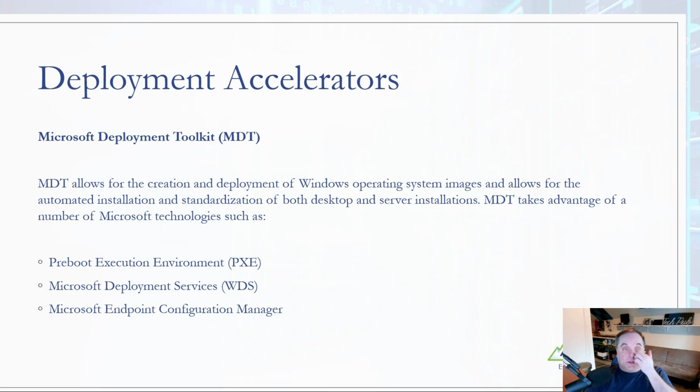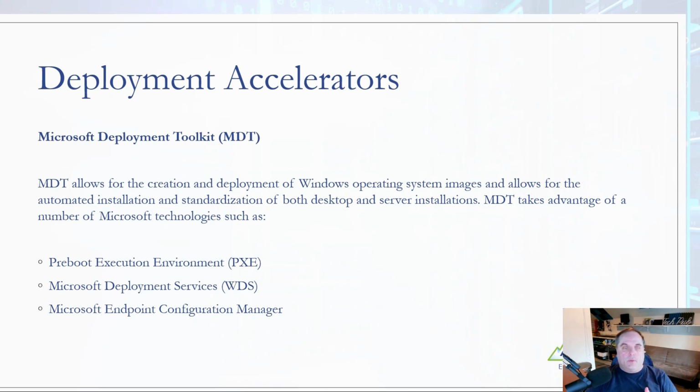Now, the Microsoft Deployment Toolkit, that is another option. So that is for the creation and deployment, as you see here, of Windows operating system images. So you can create customized images, and you can do this for Windows 10 and 11 as well. It's not just for server. And you can create these images, and then you can boot up. When you boot up your computer, you've probably seen this PXE boot, we call it, Preboot Execution Environment option.